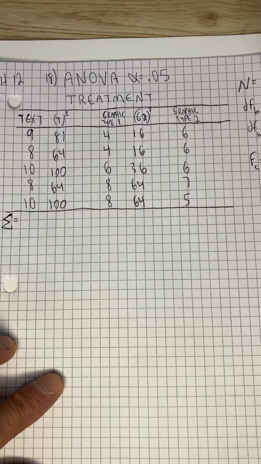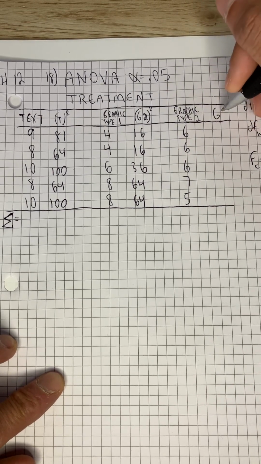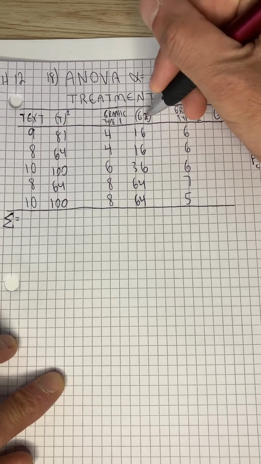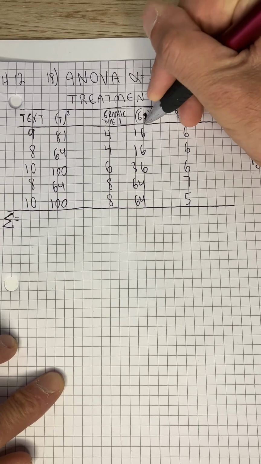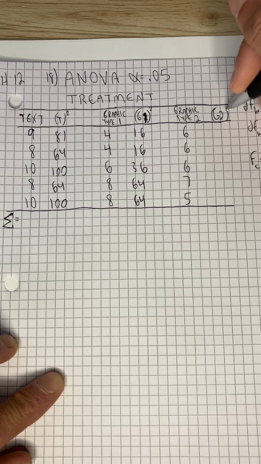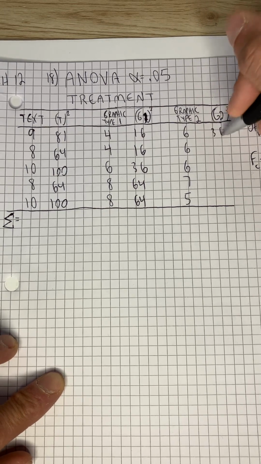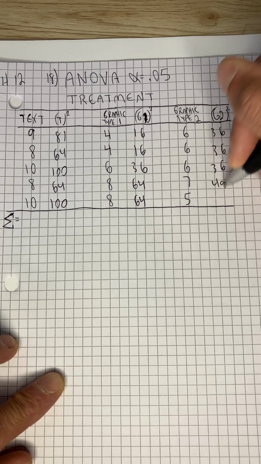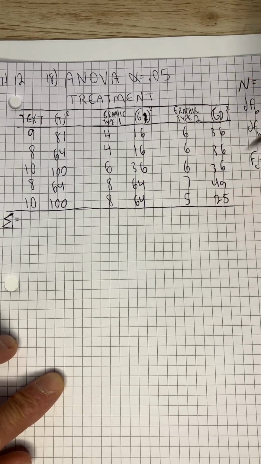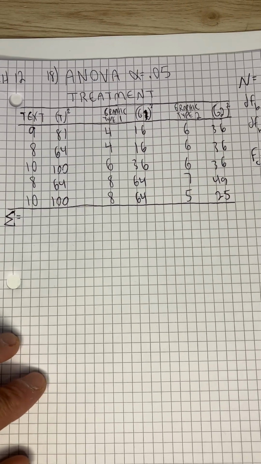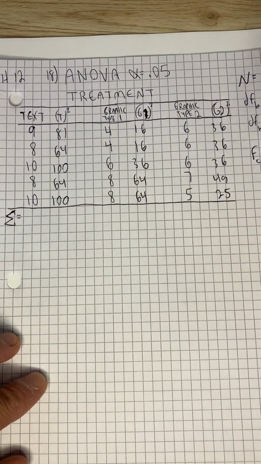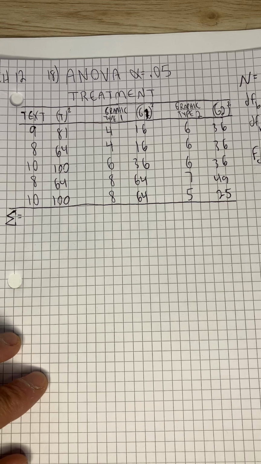Oh, this was graphic 1. That's graphic 1, and this is the graphic 2 column squared: 36, 36, 36, 49, 25. The next thing we can do is sum these columns up, and we'll use that information to put together the calculations.